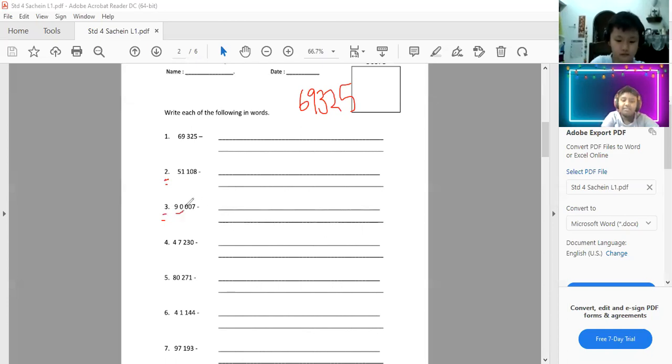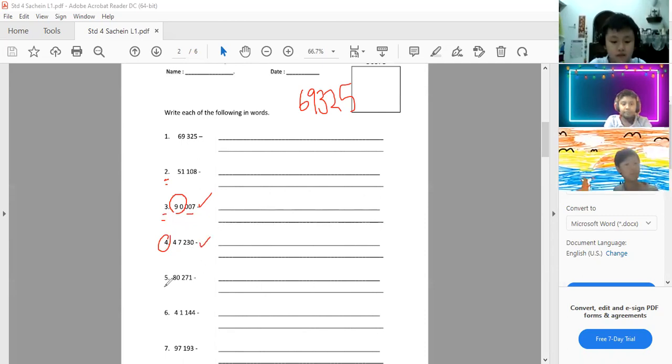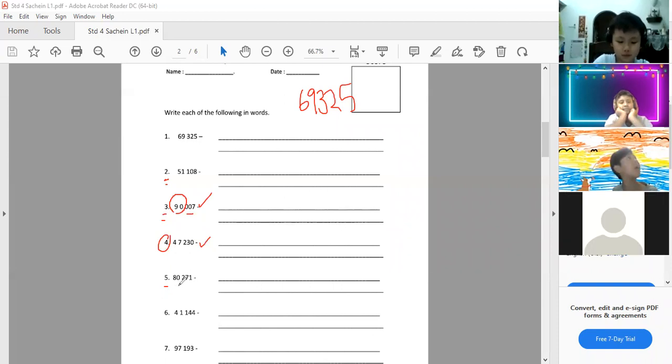Very good, 90,000 and 7. Nicholas, try number 4. Read this number first. 47,230. Very good. Shalika, try number 5. 80,271. Very good. So now what you read out, you just have to write it.